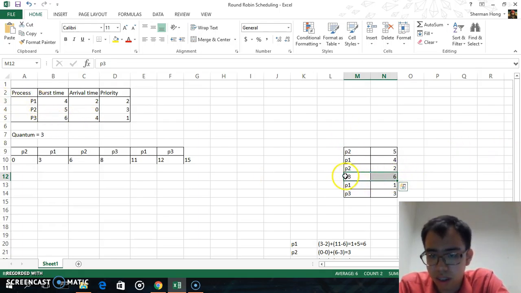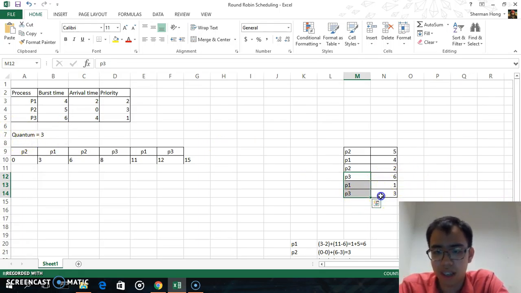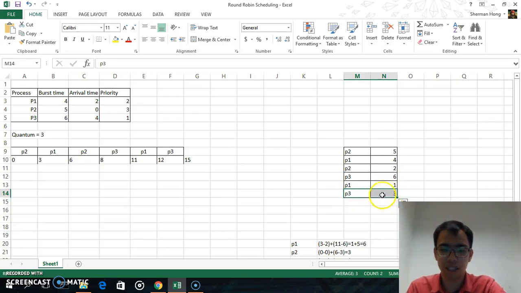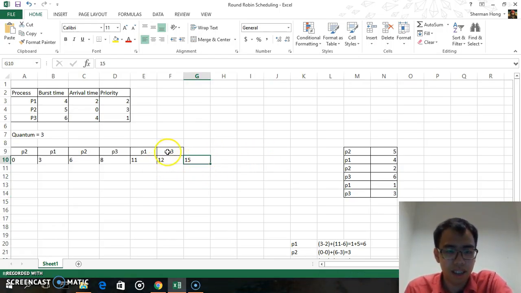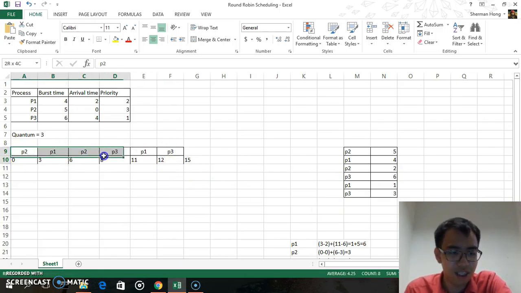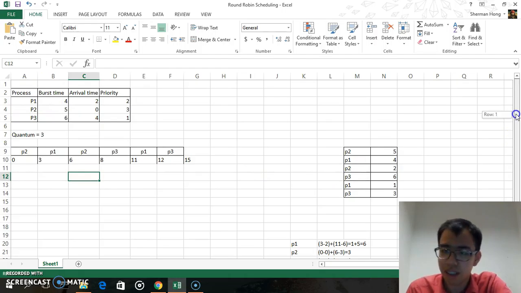So you bring it down and minus 3, which is the quantum, and you put P3 equals 3. This is the balance of P3. Then 12 plus 3 equals 15. You put the process P3, and there you go, you got the Gantt chart for this question.